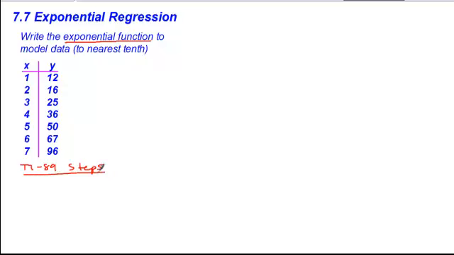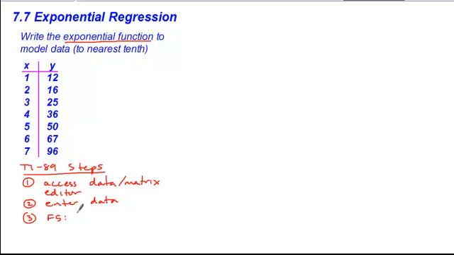If you're going to use the TI-89, then the first thing you're going to do is access the data matrix editor. Once you get there, you're going to enter the given data. And then finally, you're going to calculate it, which is F5, and I'll go through each of these with the calculator in just a moment.